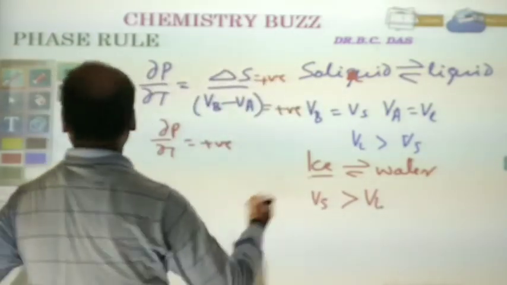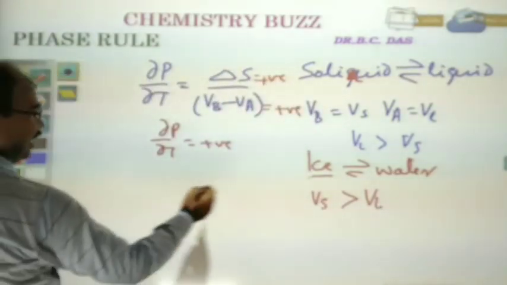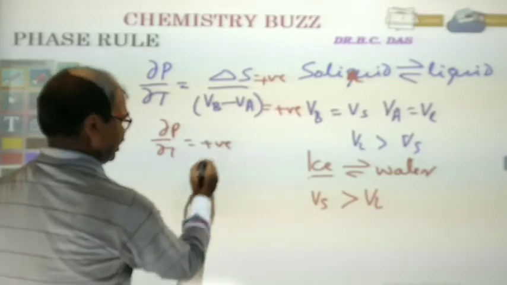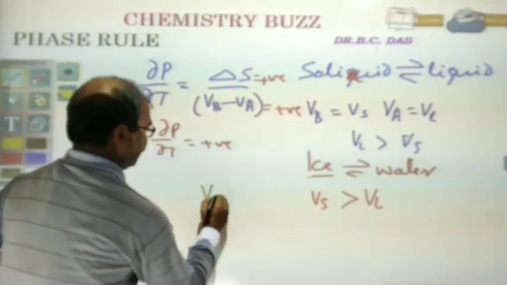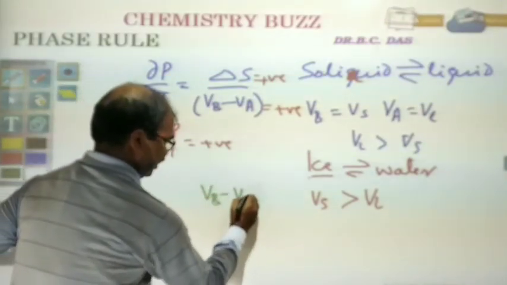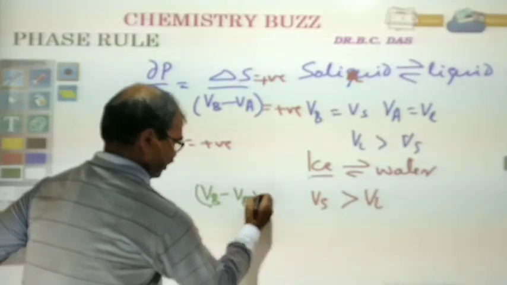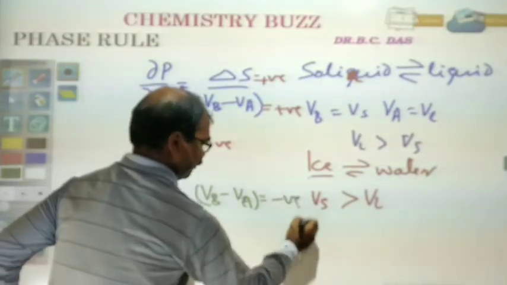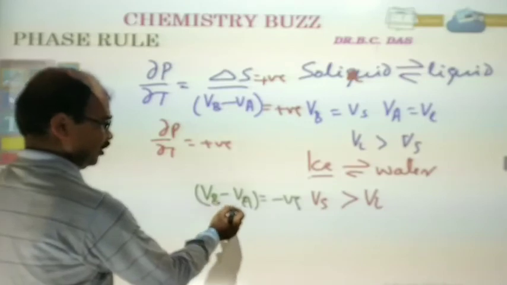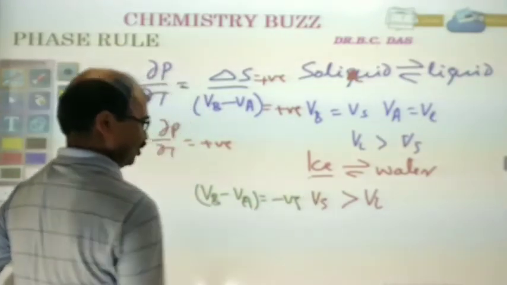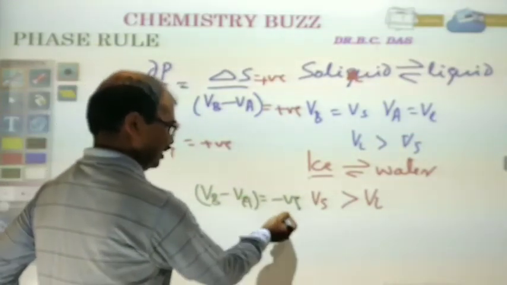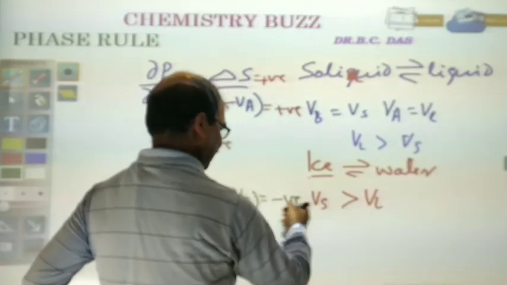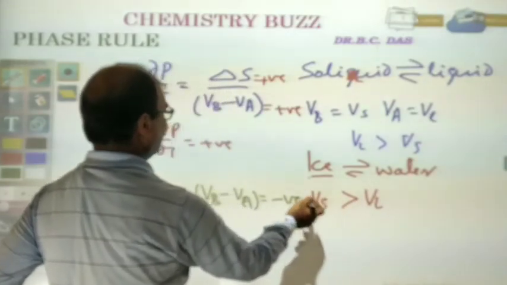Okay, so for this system V_B minus V_A is negative, because V_B is the volume of liquid and V_A is the volume of solid, and here the volume of solid is more.